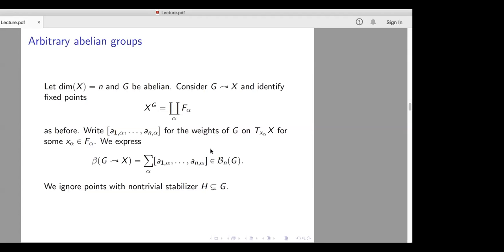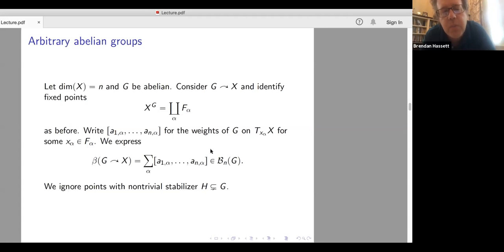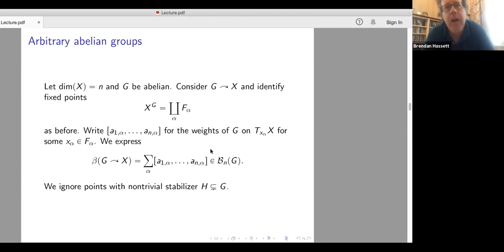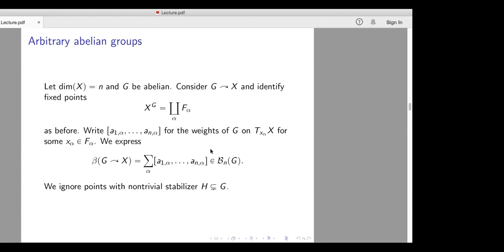Sorry, for example, if your group is simple, then you don't have any characters, right? Could you say it again? I couldn't hear the first part. If your group is simple, you don't have any characters at all, right? Well, the only simple abelian groups are the groups of... Your group is abelian.